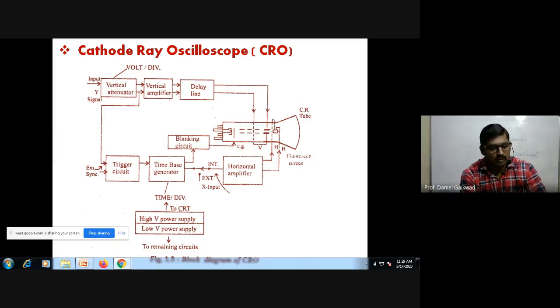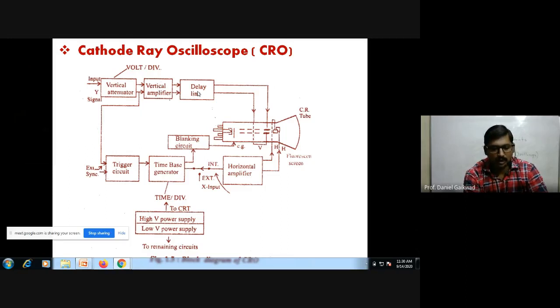So we begin with one of the blocks, that is the topmost part. We have given an input Y signal. The input signal Y is given to the vertical attenuator, and we can adjust the amplitude using volt per division. The second block is the vertical amplifier.